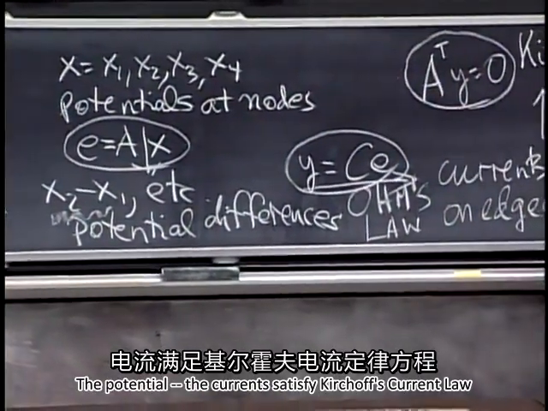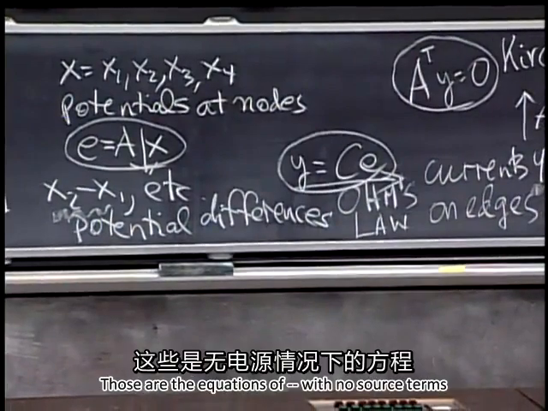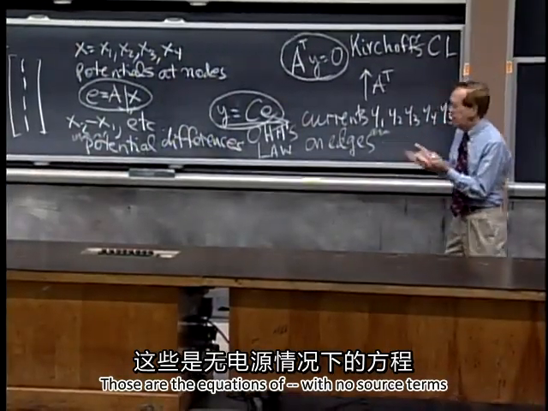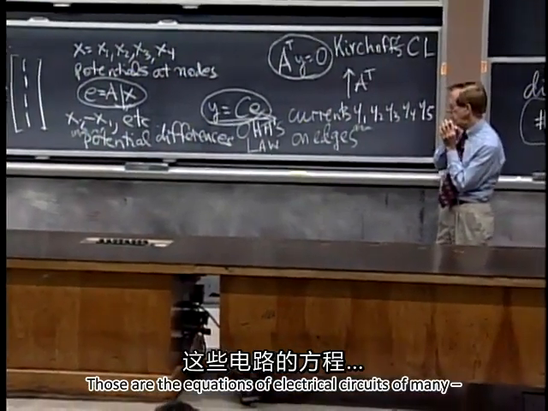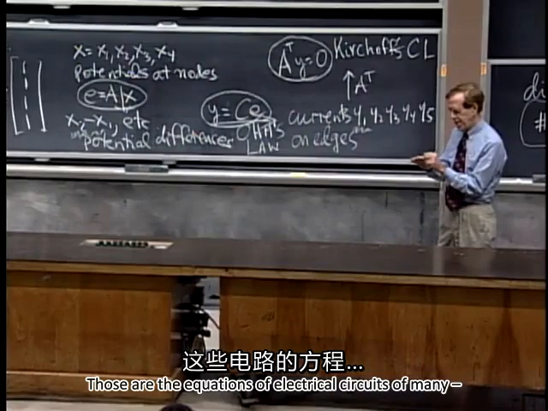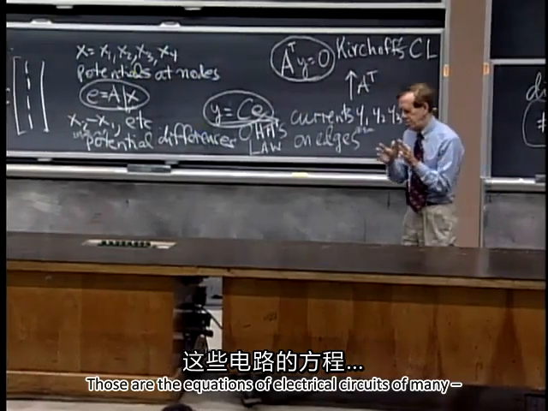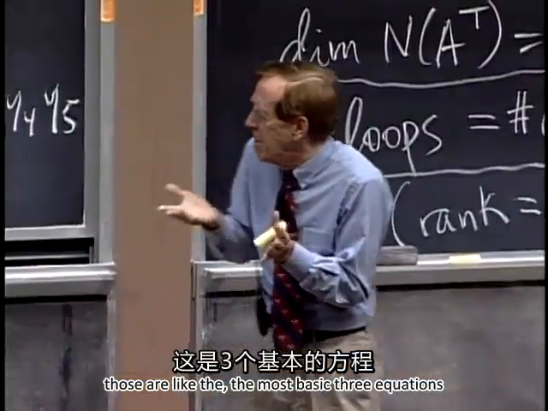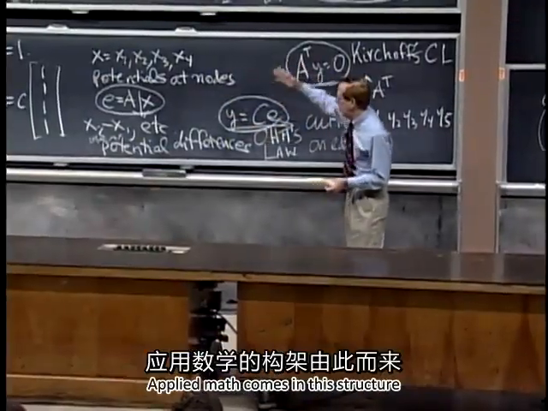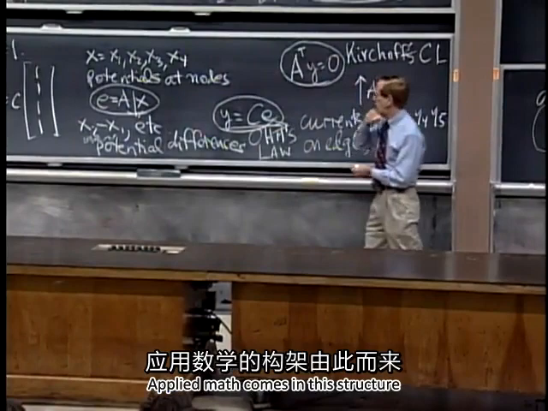The currents satisfy Kirchhoff's current law. Those are the equations with no source terms. Those are the equations of electrical circuits, of many, those are like the most basic three equations. Applied math comes in this structure.